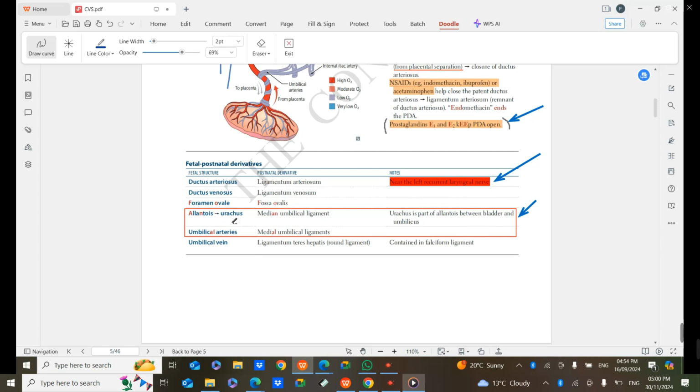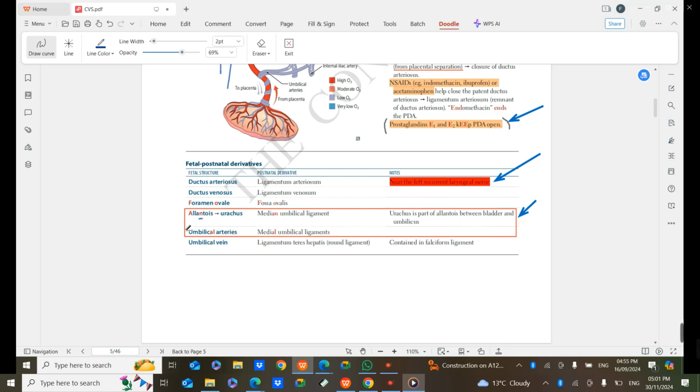So your duty is just to know which one has the letter N and which one has the letter L. Which of these two structures, allantois and umbilical artery, has the letter N? The one that has the letter N, you give median to. The other one will become medial.